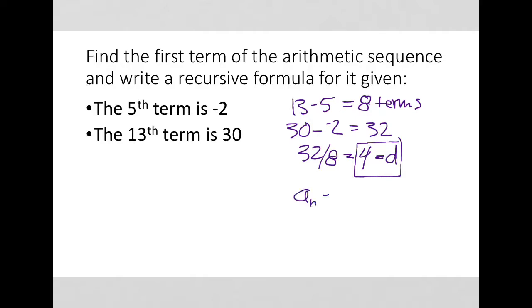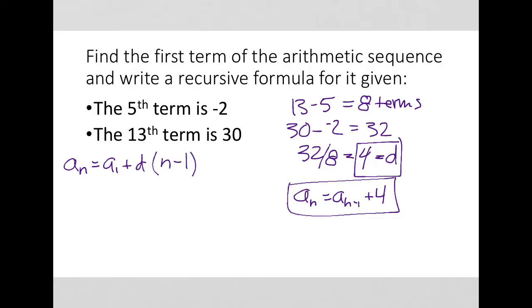So our recursive formula is a sub n equals a sub n minus 1 plus 4. Nothing to it. But again, let's write an explicit formula. A sub n equals our first term, a sub 1, plus our constant difference times n minus 1. And let's plug in one of our terms. Let's plug in 13.